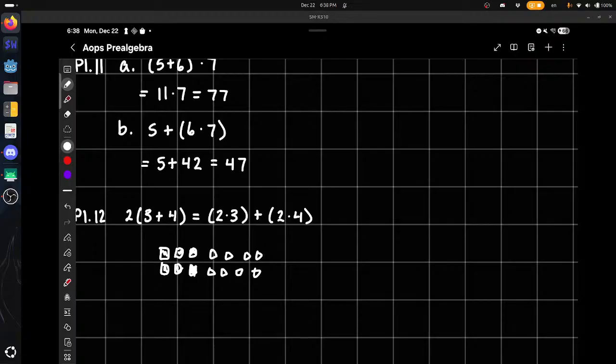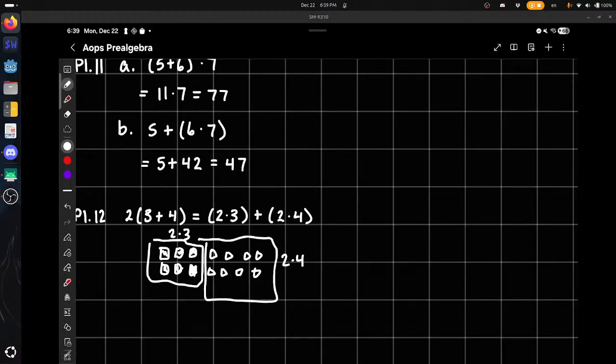What does this shaded part represent? Oh, okay. So they're saying that this part right here is the 2 times 3. This part right here is the 2 times 4.